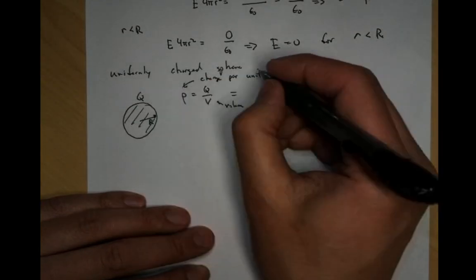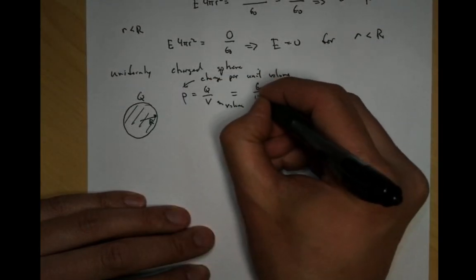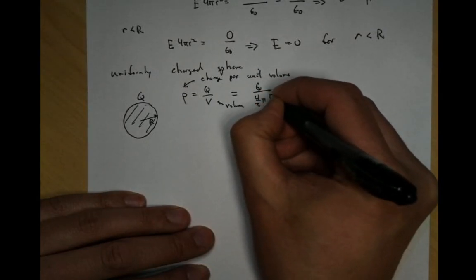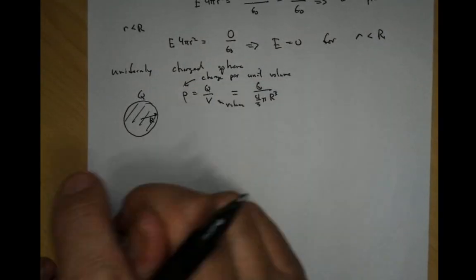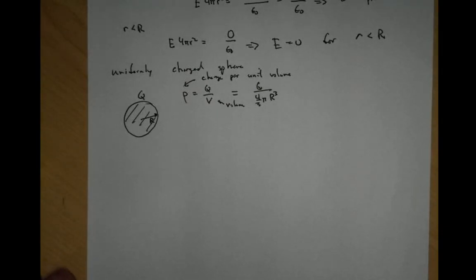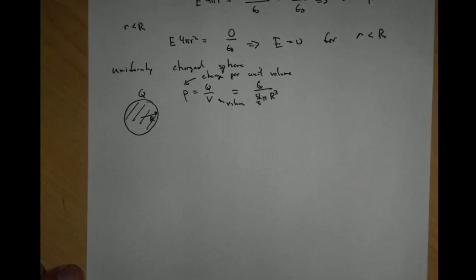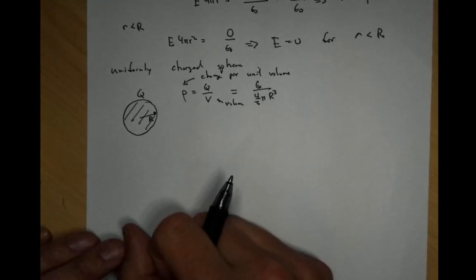So for a sphere, rho is Q over 4/3 pi capital R cubed. Okay, so you should get your areas and volumes of spheres packed away. Area of a sphere is 4 pi R squared. Volume of a sphere is 4/3 pi R cubed. Okay, right. Always something useful to have.